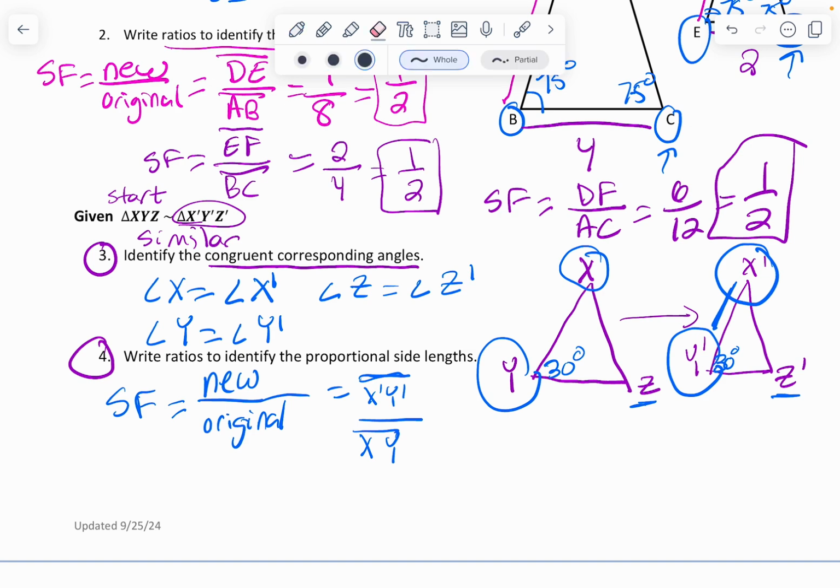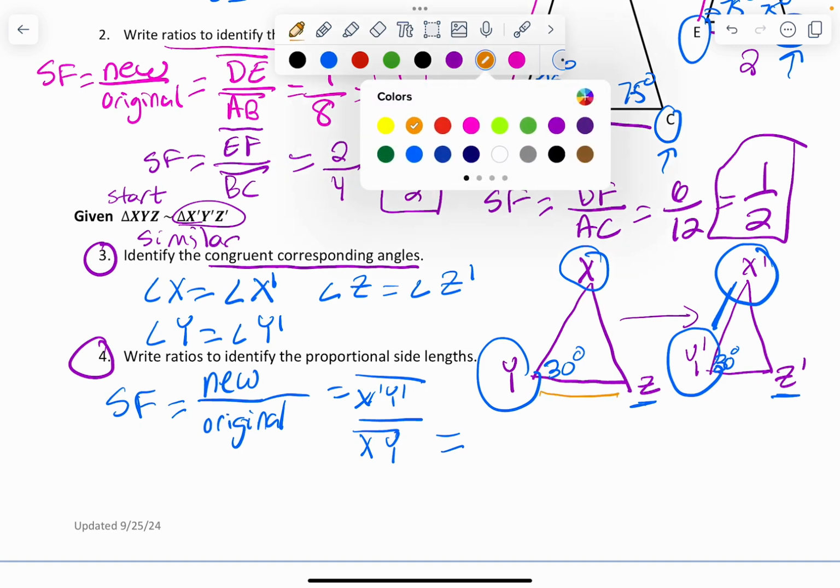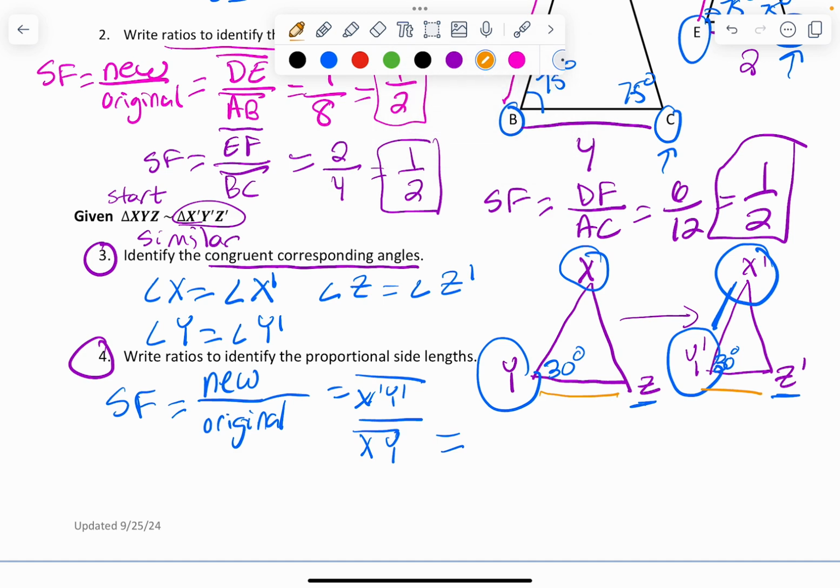Okay? So X prime, Y prime over XY. That's the same thing as, if I come on over and change colors, Y prime, Z prime over YZ. Okay? I'm going to leave off the line segment for now.